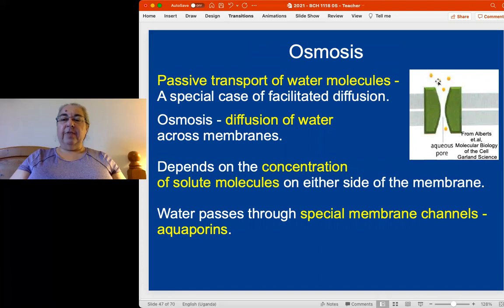Now imagine that these little yellow molecules are the water molecules themselves. So the channel protein allows the water to move from one side of a membrane to the other side. And the movement of water molecules across the membrane depends on the concentration of solute molecules, molecules that are dissolved in the water on both sides of the membrane.